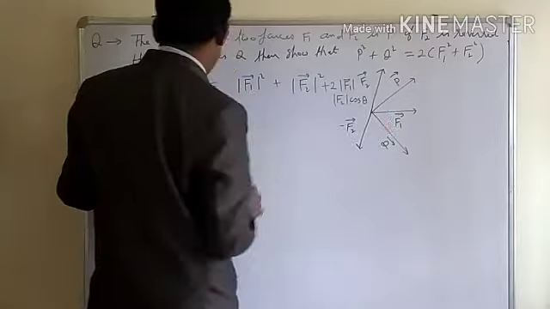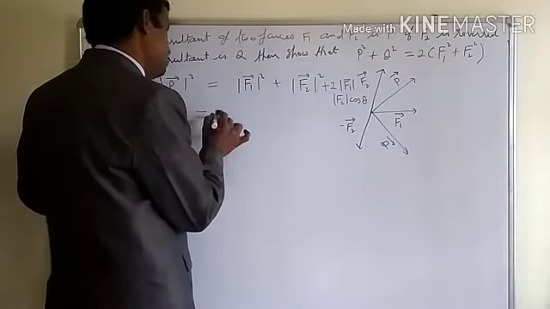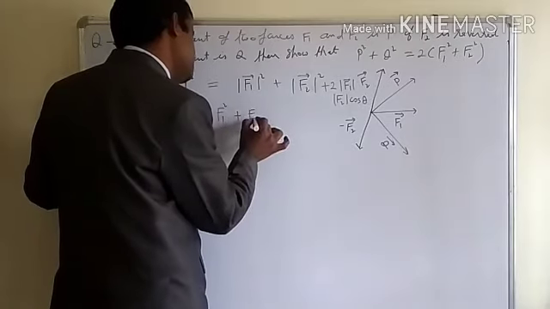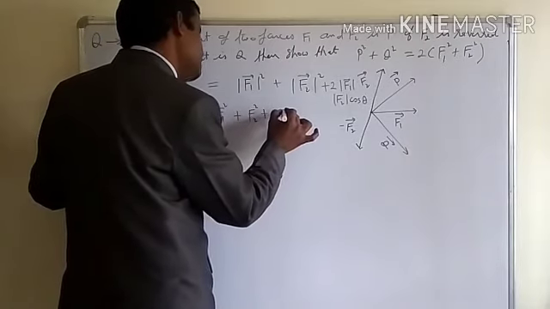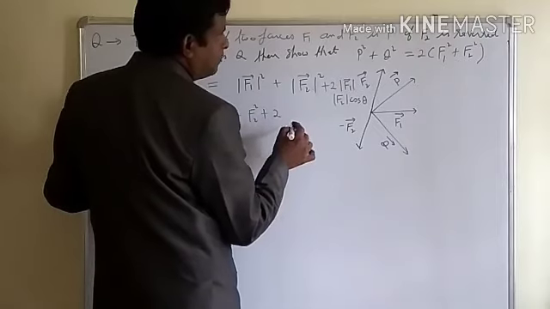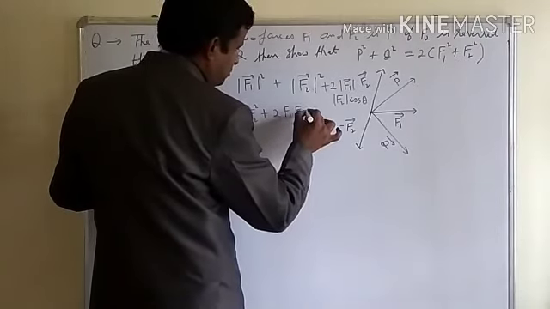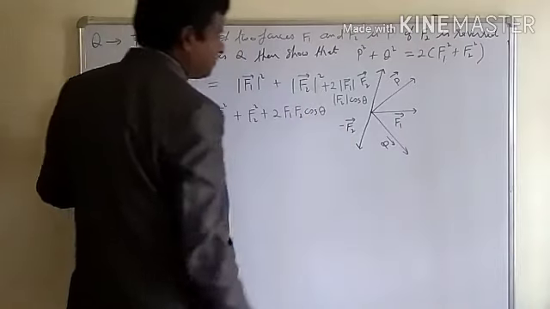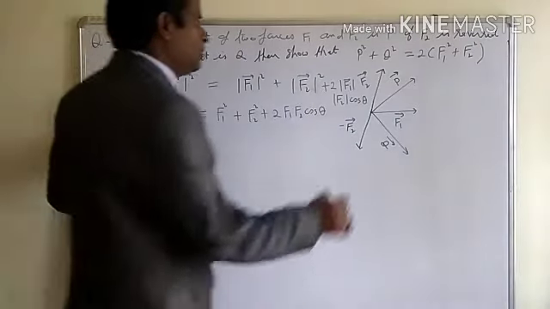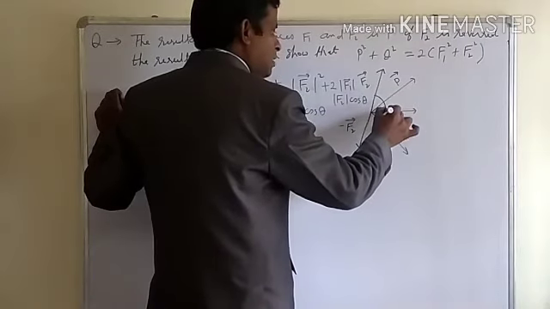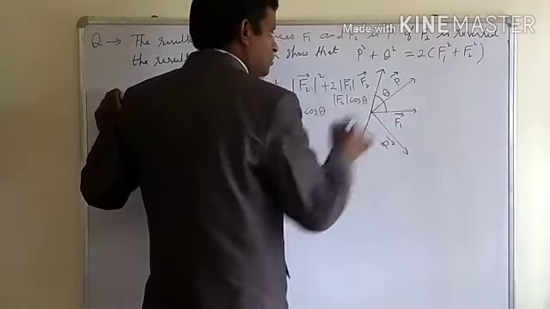So P square is equal to F1 square plus F2 square plus 2 F1 F2 cos theta. Clear? If we take theta as the angle between F1 and F2, then we will write this relation.